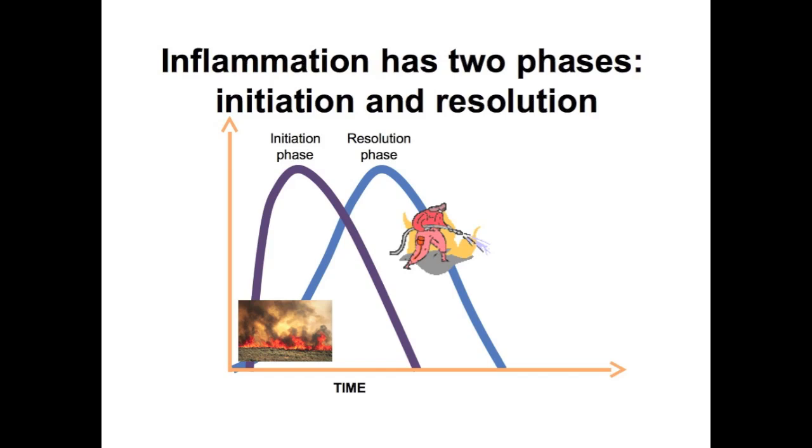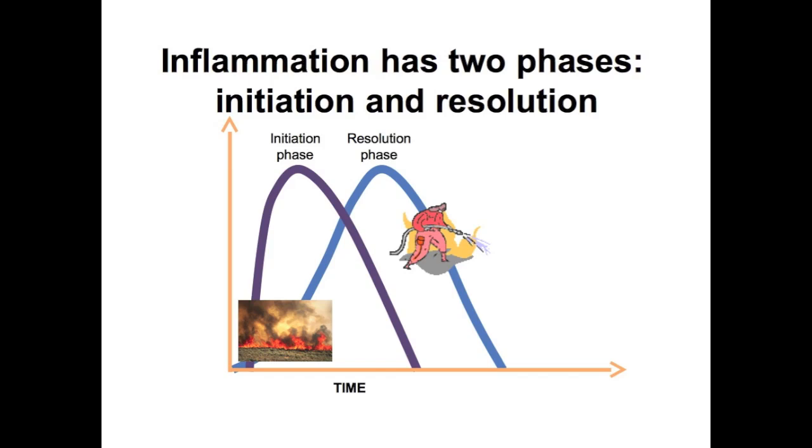Actually, until about 15 years ago, no one ever really thought about this. All of the focus of the pharmaceutical companies and so on was on blocking the initiation: non-steroidal anti-inflammatory drugs, leukotriene receptor antagonists, all of those things. But then people suddenly realized, maybe this turning off phase is pretty important.